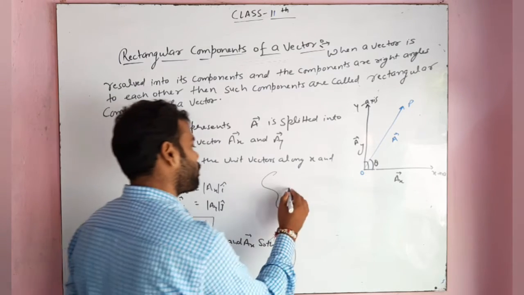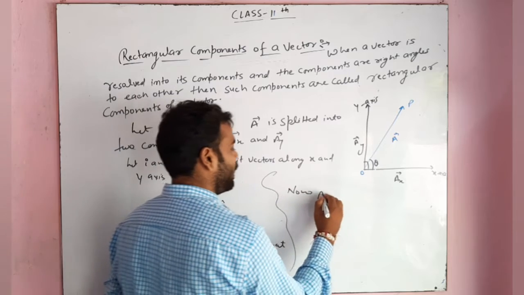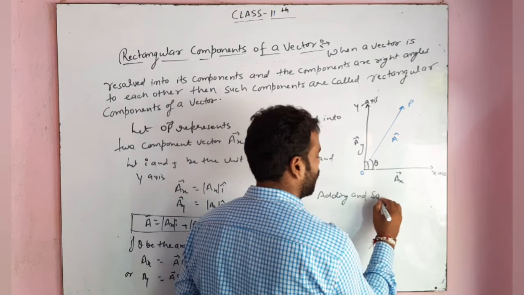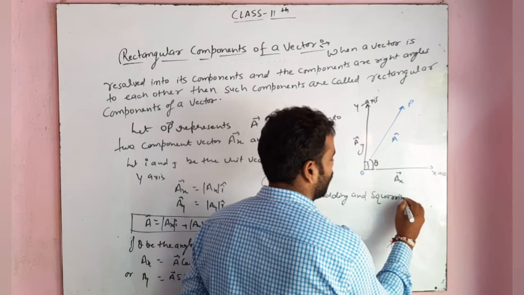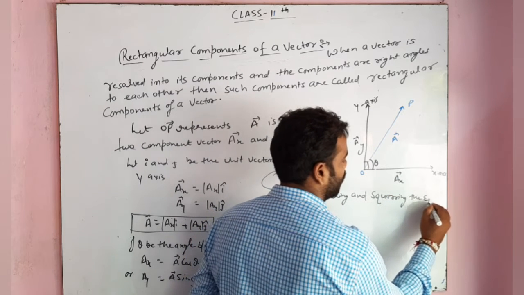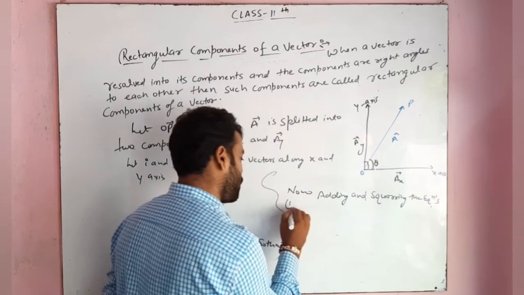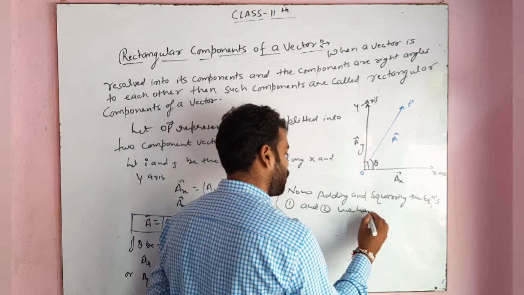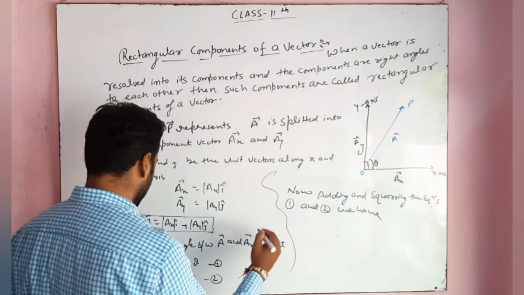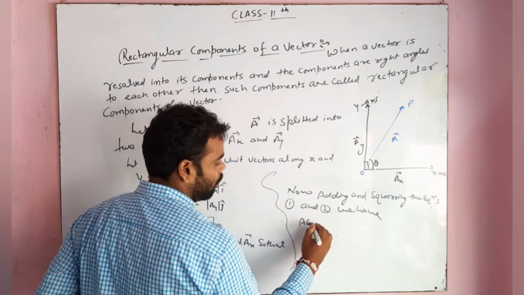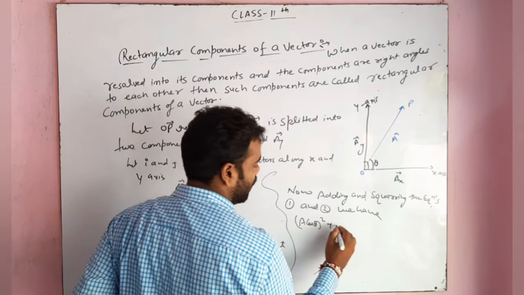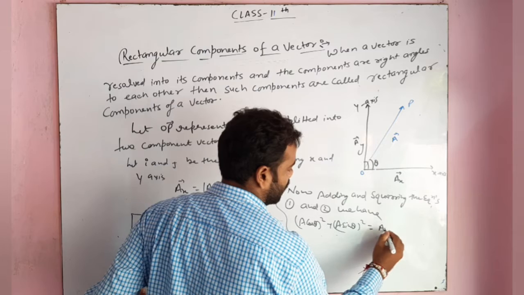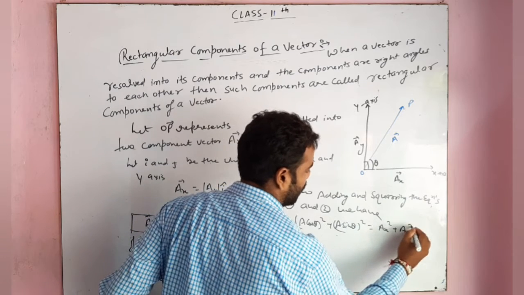Now squaring and adding the first and second equations, we have A cos theta whole square plus A sin theta whole square equal to Ax square plus Ay square.